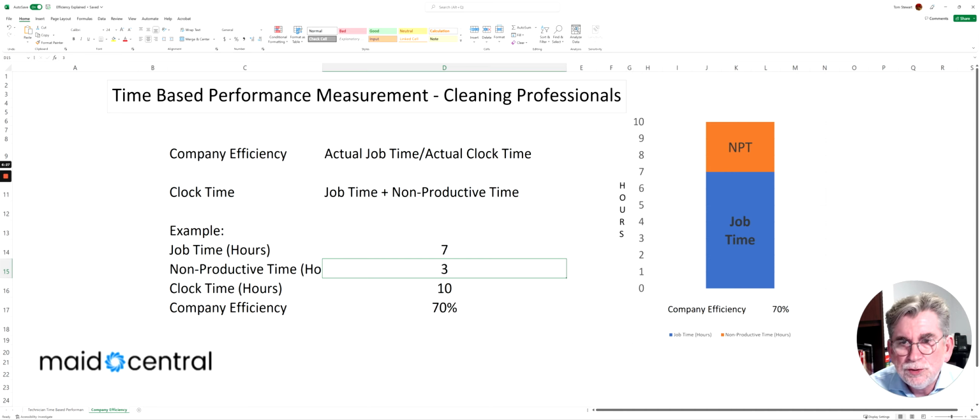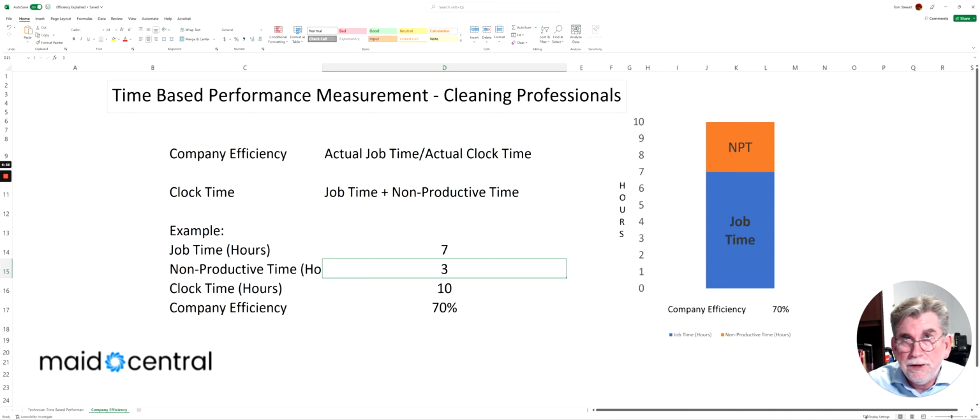We've just introduced a new metric to replace company efficiency on the employee stats report. Before I get to that, I'm going to point out that company efficiency is still a very important number for you. We use that number to calculate on a company-wide basis how much of the workday is actually spent generating revenue versus non-productive time.